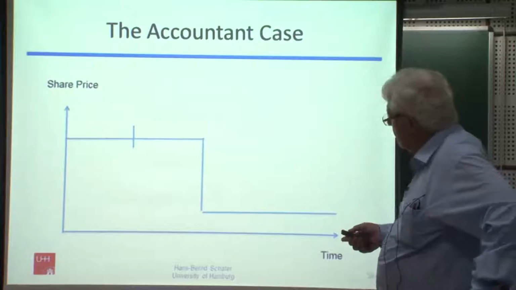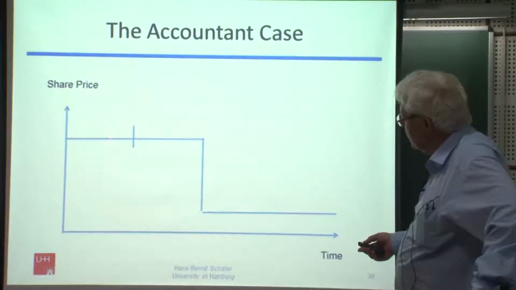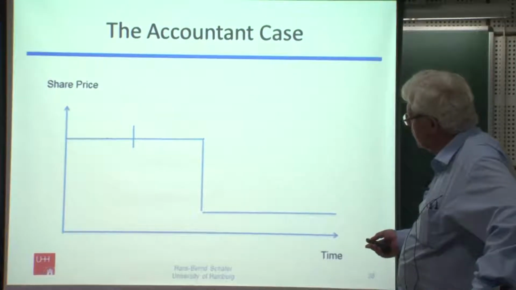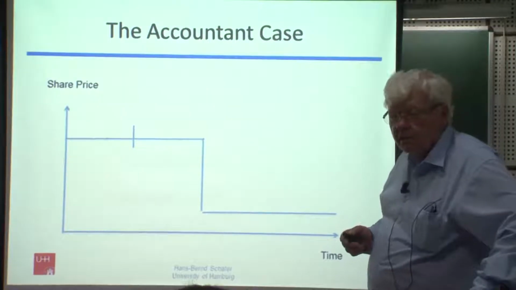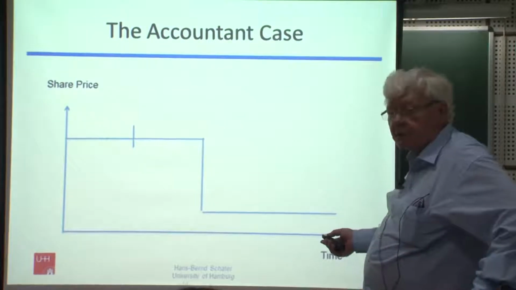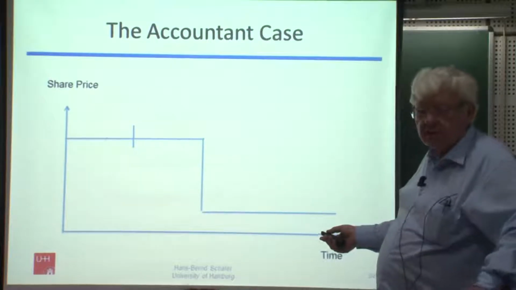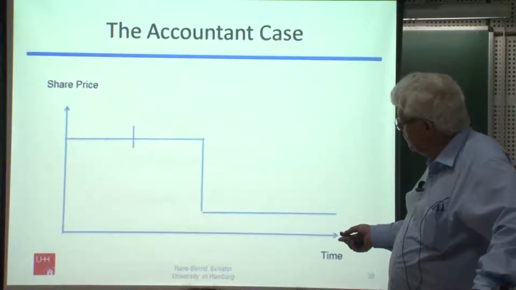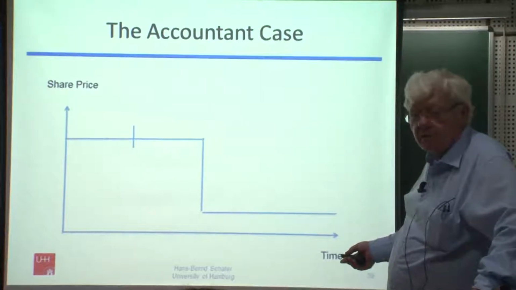Now assume that somebody buys here at this point of time and sells here. He made a real loss, because if the accountant had been non-negligent, then he would have bought this at a much lower price, if he had bought at all.